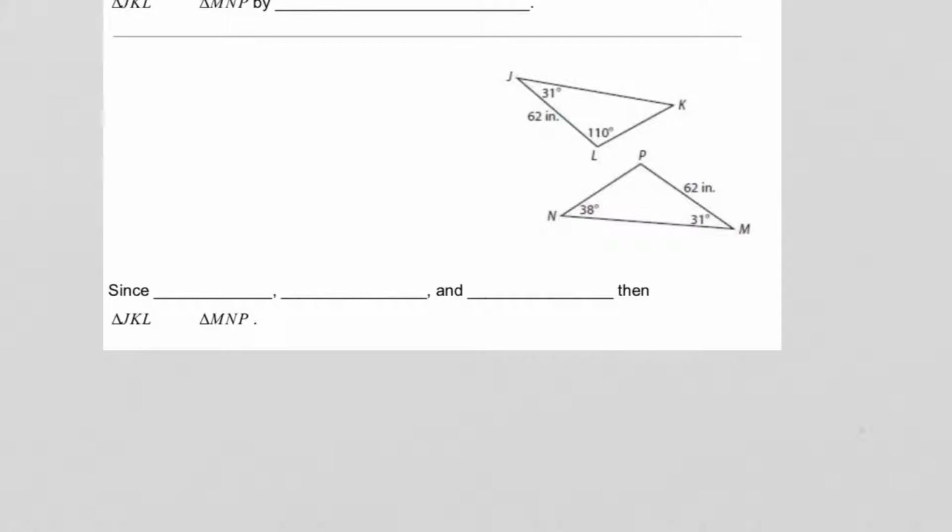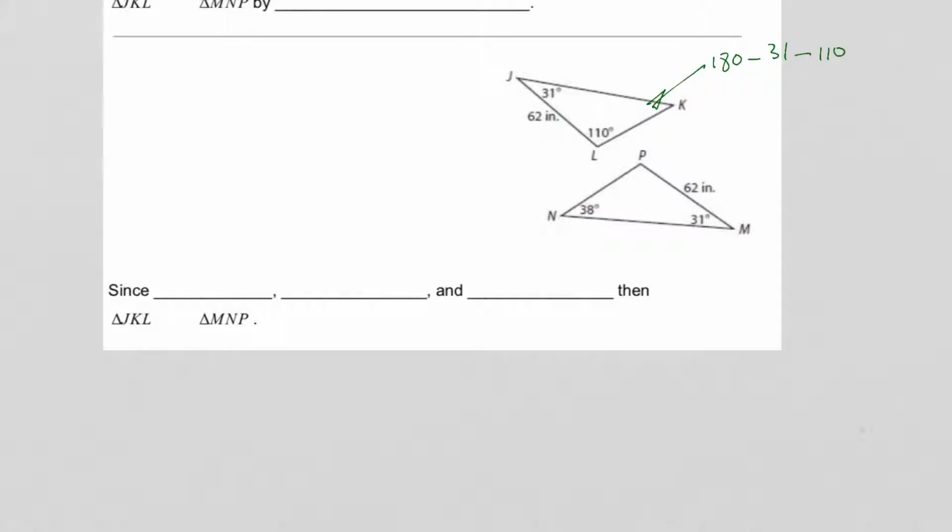Now let's take a look at this next example. So first off, we're probably going to want to figure out all the angles that are in both triangles. Now we know each triangle adds up to 180. So that angle right there is going to be equal to 180 minus 31 minus 110.